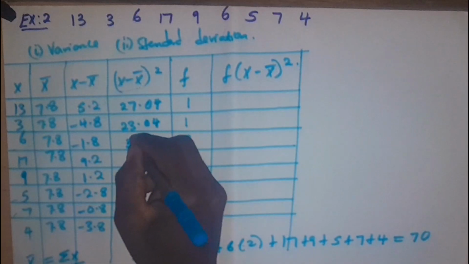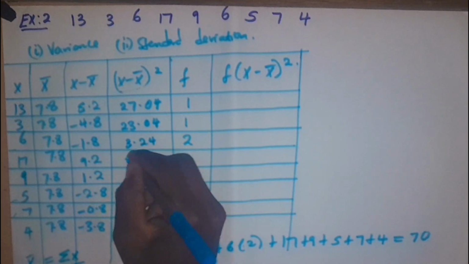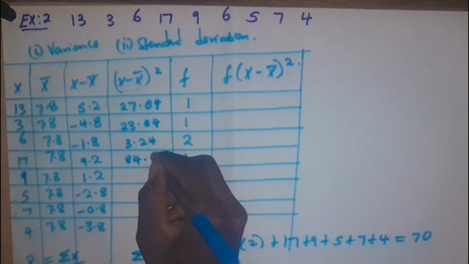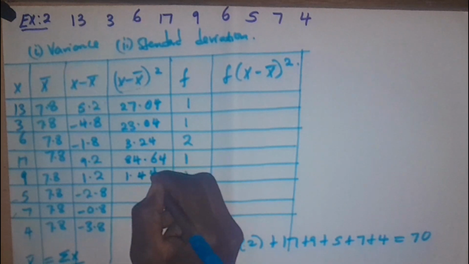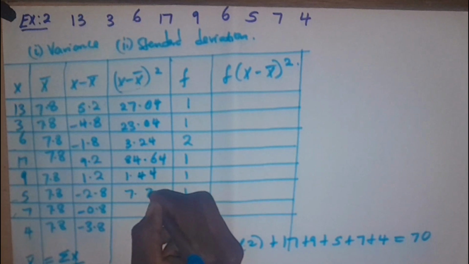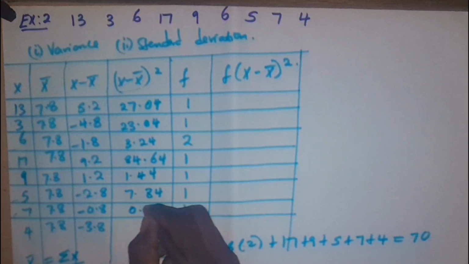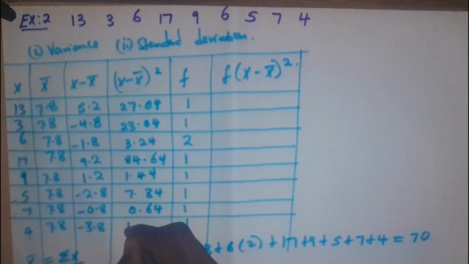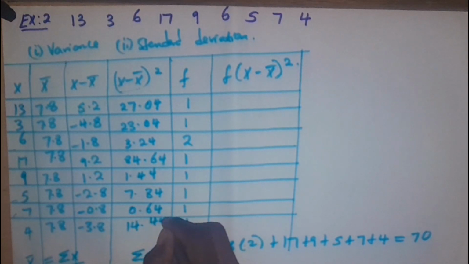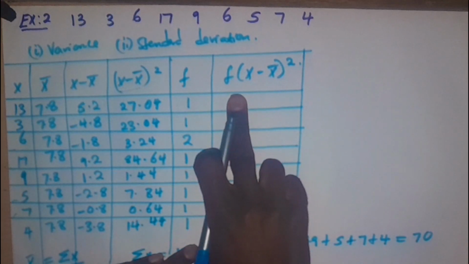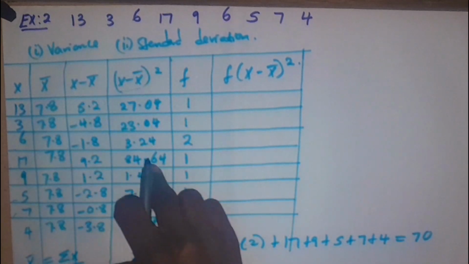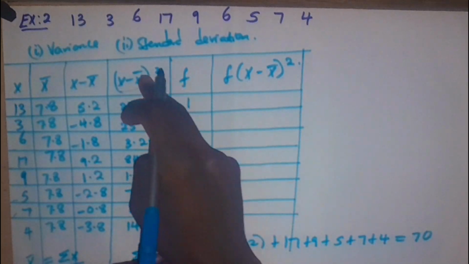So we get 3.24, then here we get 0.64, and lastly 14.44.